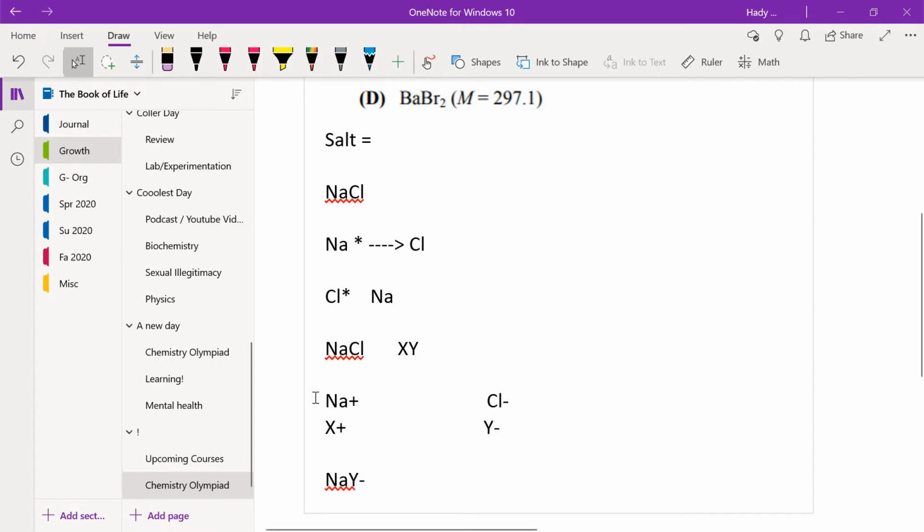So Na is going to be attracted to the Y minus. But let's say this happens, and this ends up being not soluble. So this was soluble when the Na was attracted to the Cl, but this is actually not soluble. So it stays this way. It's not going to separate again.